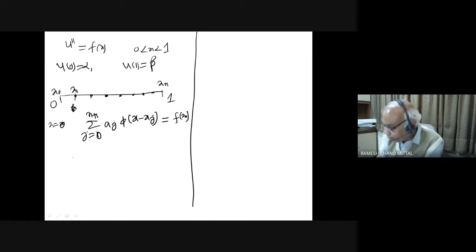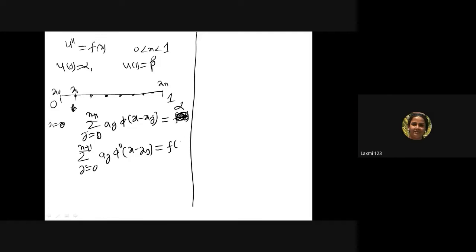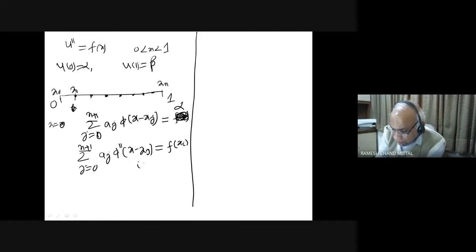So in the interior point, my approximation will be given by the sum from j equal to 0 to n plus 1 of aj phi double prime of (x minus xj) equal to f of xi, where i is going from 1 to n.